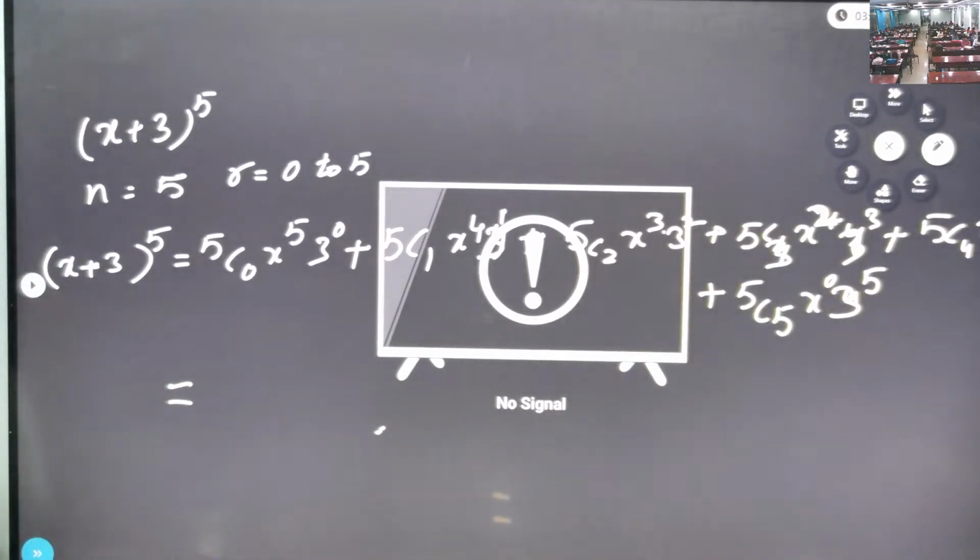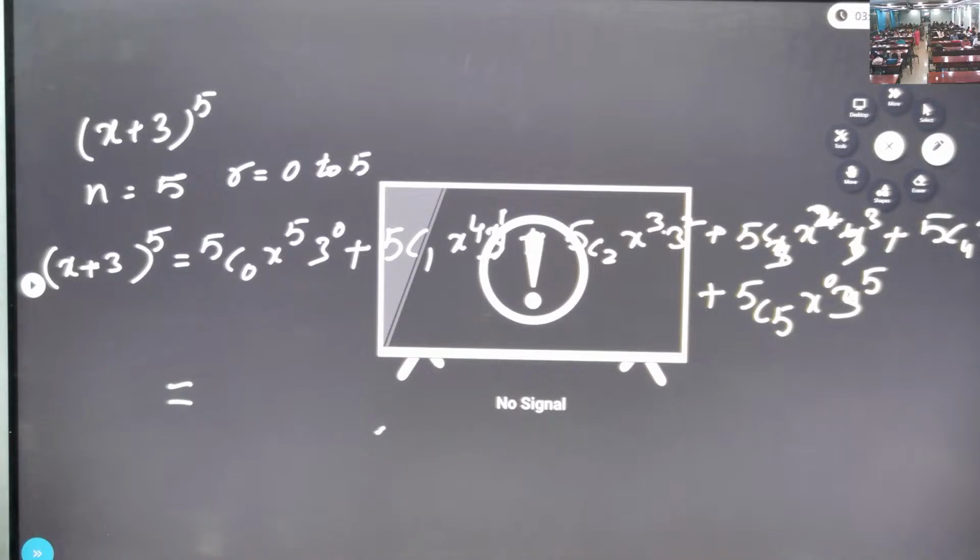So what are the values? Coefficient of x power 5 will be, what is the coefficient of x power 5?